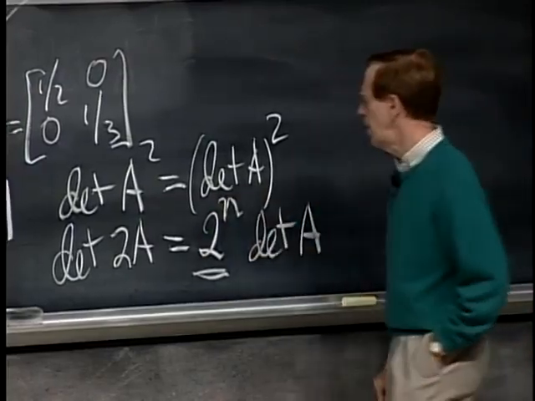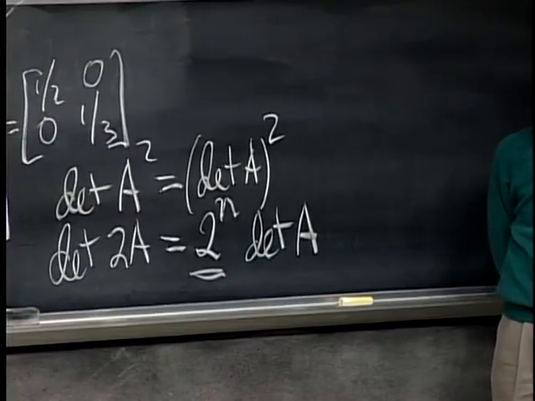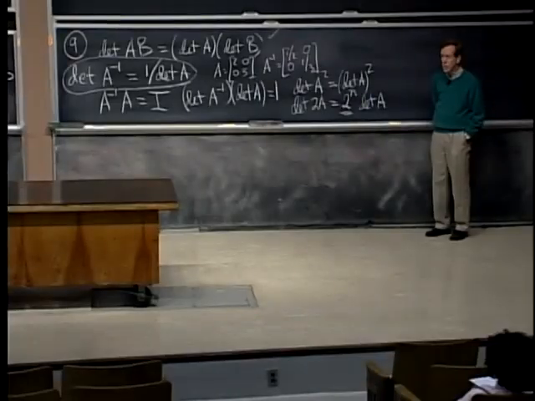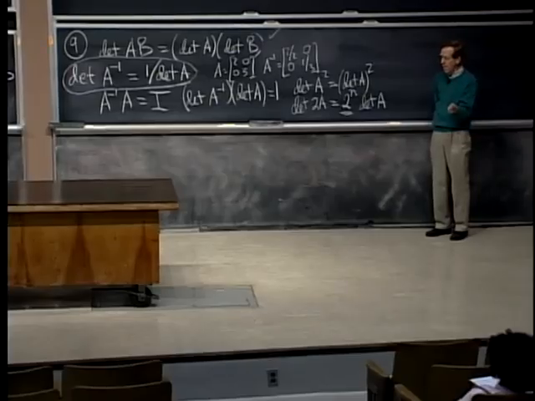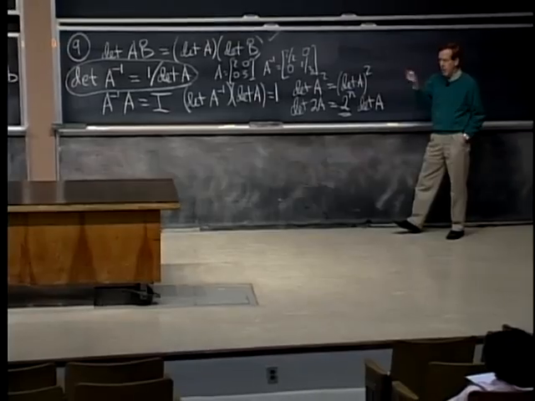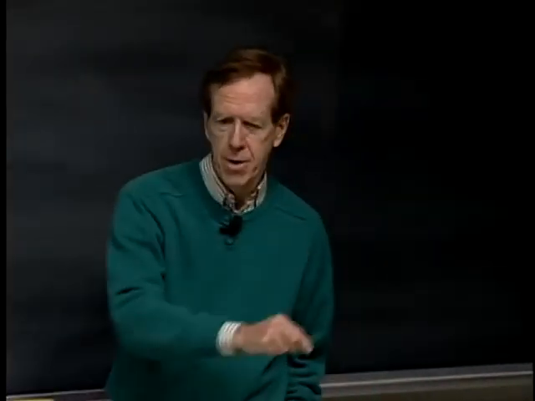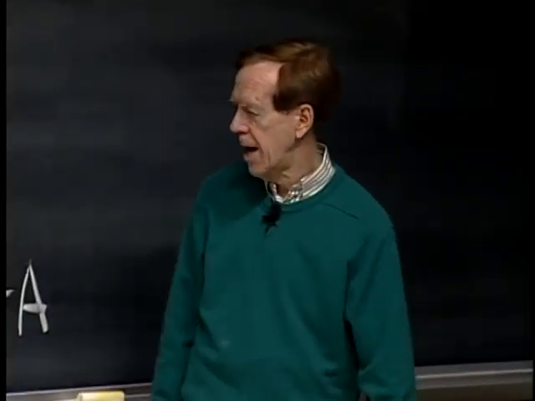Now, why is it 2 to the nth and not just 2? Because I'm factoring out 2 from every row. This has a factor 2 in every row. So I can factor 2 out of the first row. I factor a different 2 out of the second row, a different 2 out of the nth row. So I've got all those 2's coming out.